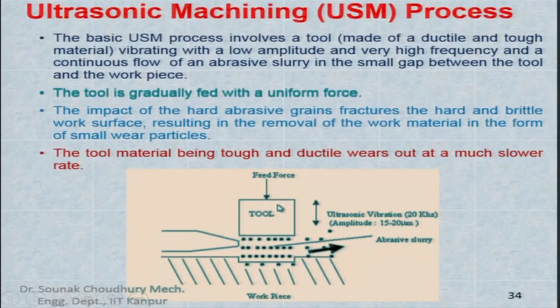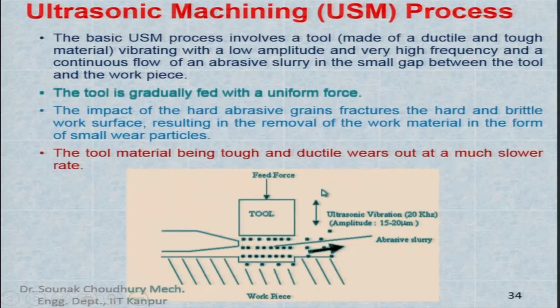The amplitude, as you can see, is 15 to 20 micron. So this is a low amplitude and very high frequency, 20-25 kilohertz. And there is a continuous flow of an abrasive slurry. There is a nozzle through which the stream of abrasive material is passed, and the tool vibrates.